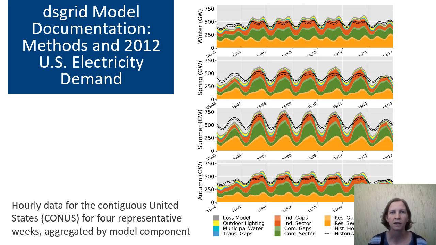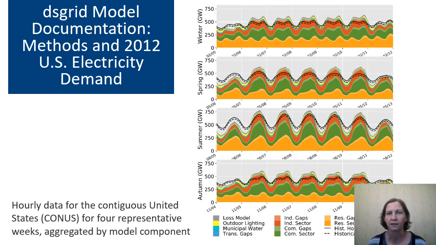So what we can see here is that this initial effort at bottom-up load modeling was able to capture the seasonality that we see in the load, and it also captures some of the differences between weekday and weekend load. But we can also see that there are still some calibration issues.